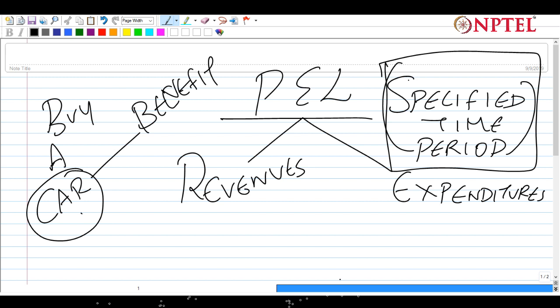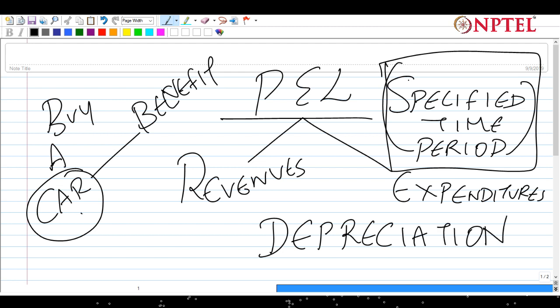That is what we typically call depreciation. What is depreciation? Depreciation is the value of that particular asset that has been utilized in this specified period. The rest of the value of the asset is not utilized.